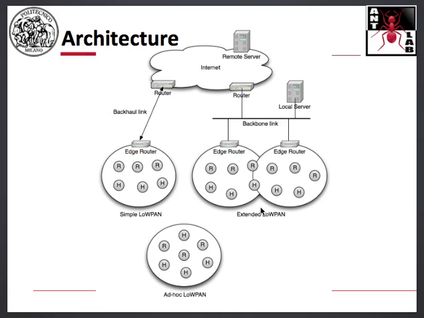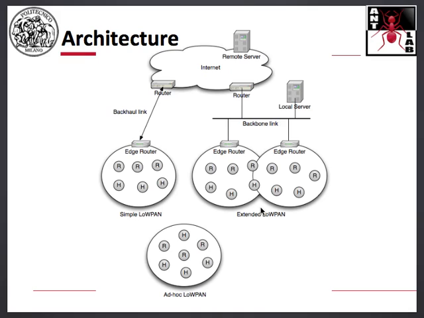As I have already told you, the kind of IP used in the internet needs to be adapted to make it usable also in the low power personal area network.